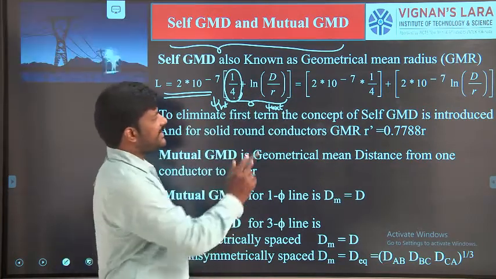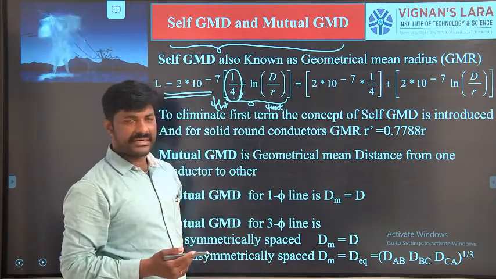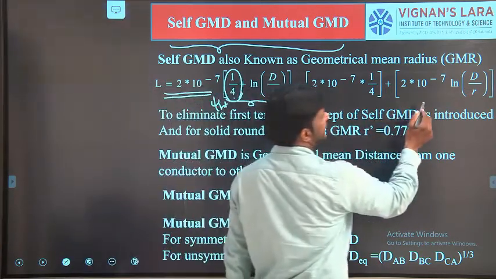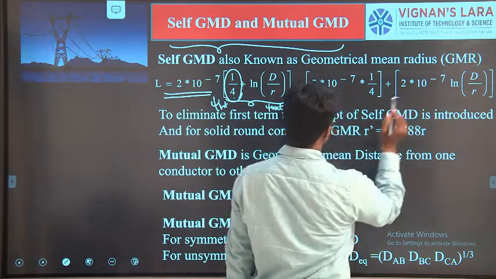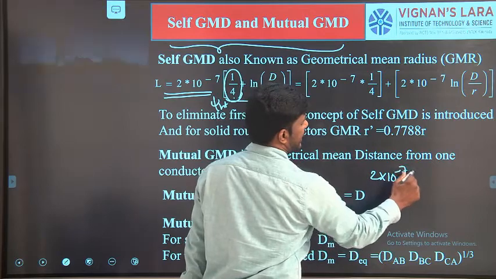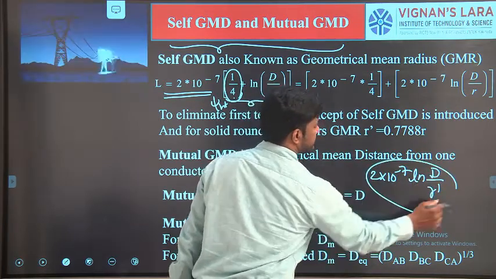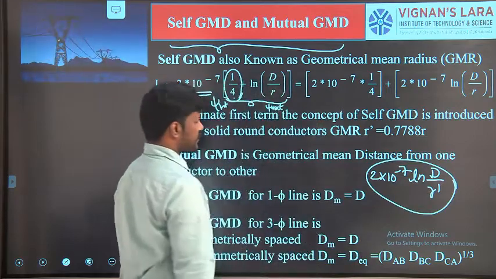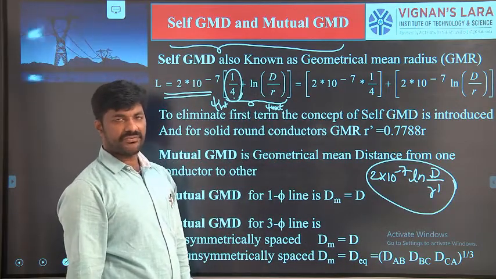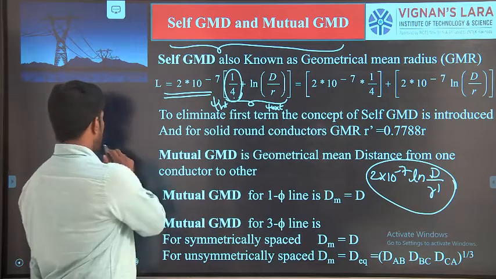After sending that 1 by 4 into the natural logarithmic term, we can write the entire expression as 2 into 10 power minus 7 ln of d by r dash. In some textbooks or references, you can observe the same inductance L value in this format.